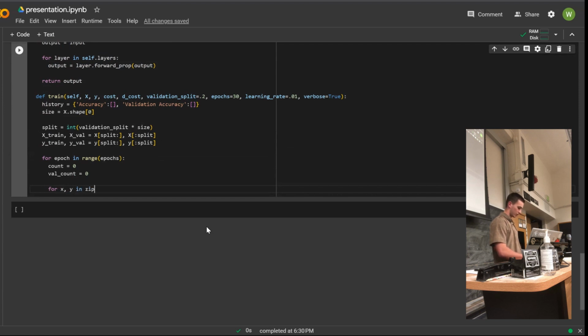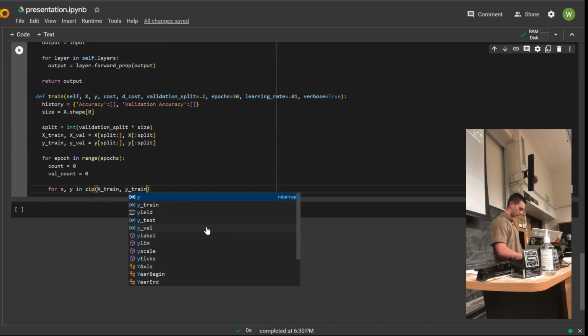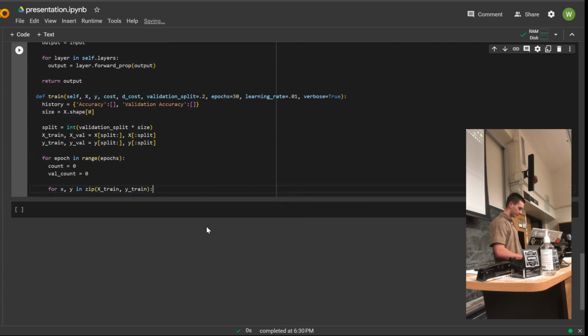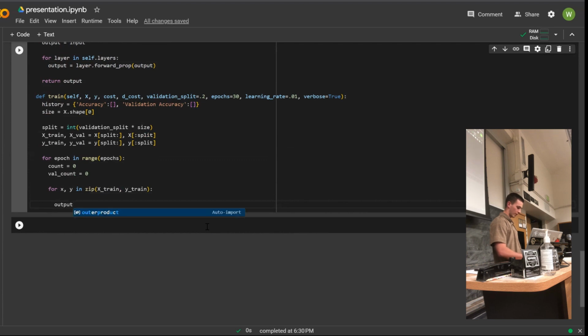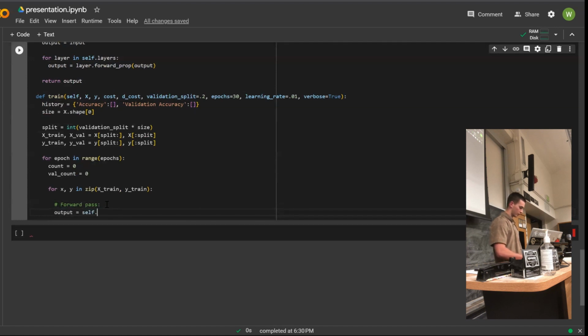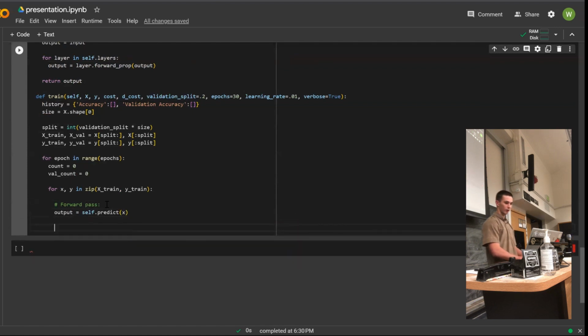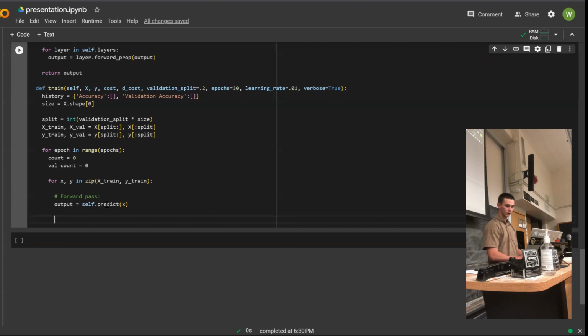So for X, Y in. So we're going to do our forward pass, right? And that's where we use the predict function that we defined earlier, right? And so this is where we get our output. And now we need to evaluate that given our cost function and then do the back propagation.